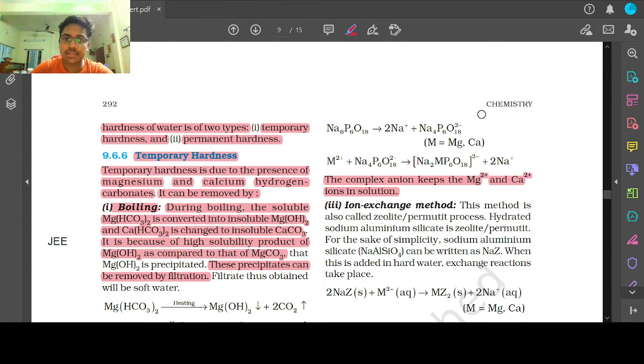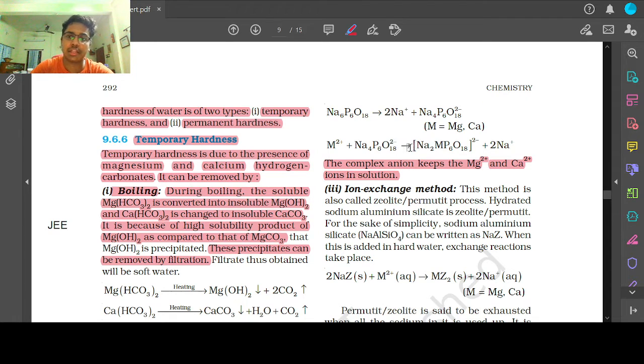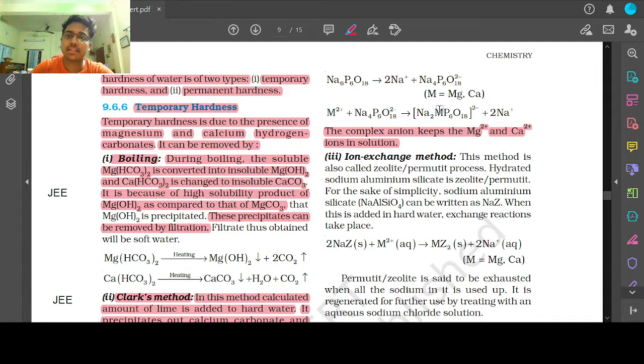When this compound reacts with calcium or magnesium ions, it replaces the sodium and forms the sodium salt of calcium sodium hexametaphosphate, which is soluble in water. When this reacts with any other salts, it becomes insoluble in water, and we can easily filter it off.